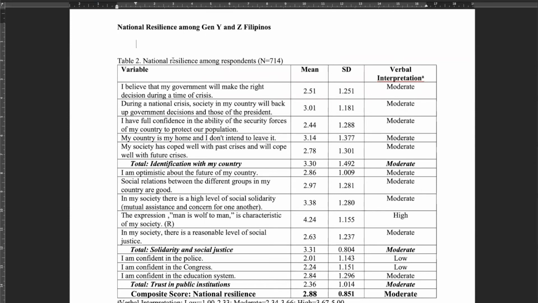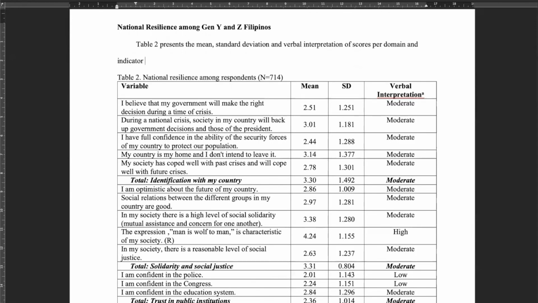So Table 2 presents the mean and standard deviation and verbal interpretation of scores per domain and indicator of national resilience among the Gen Y and Z respondents, right?